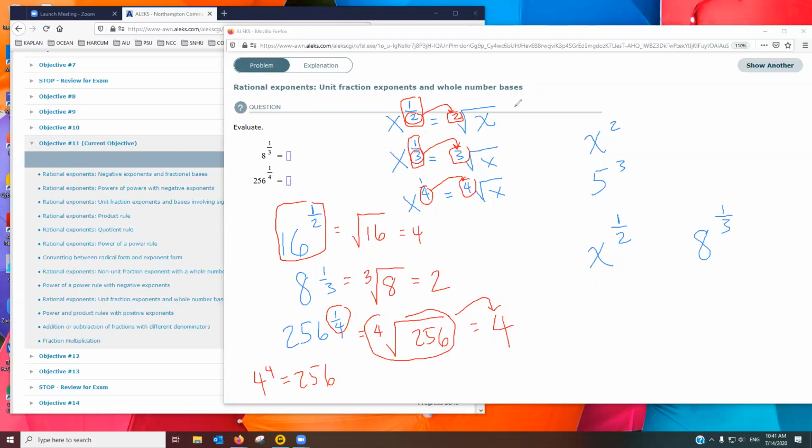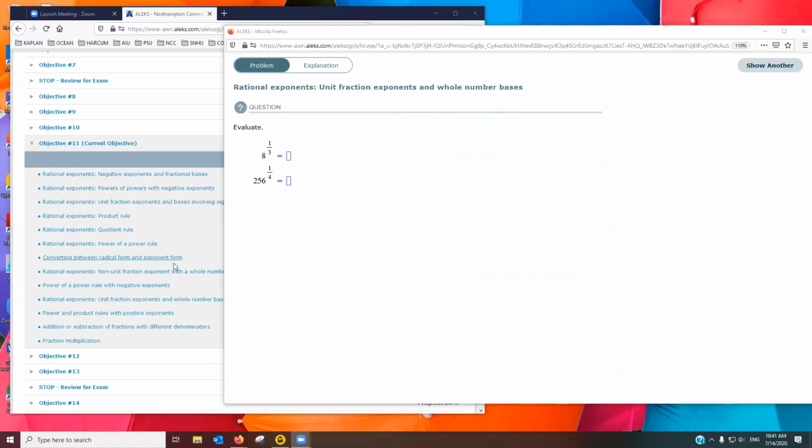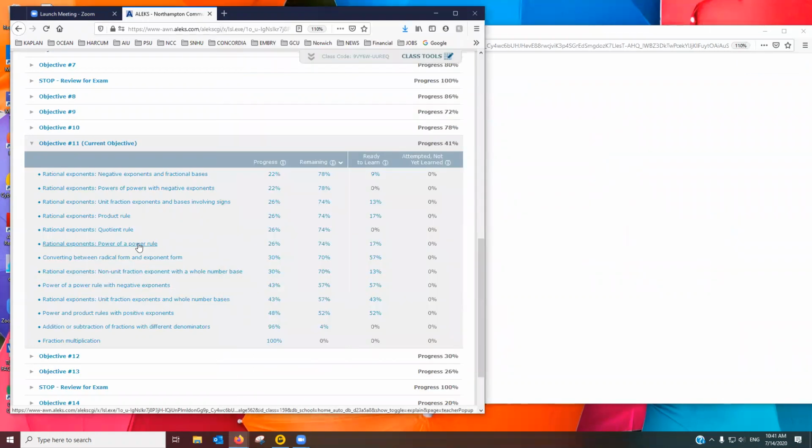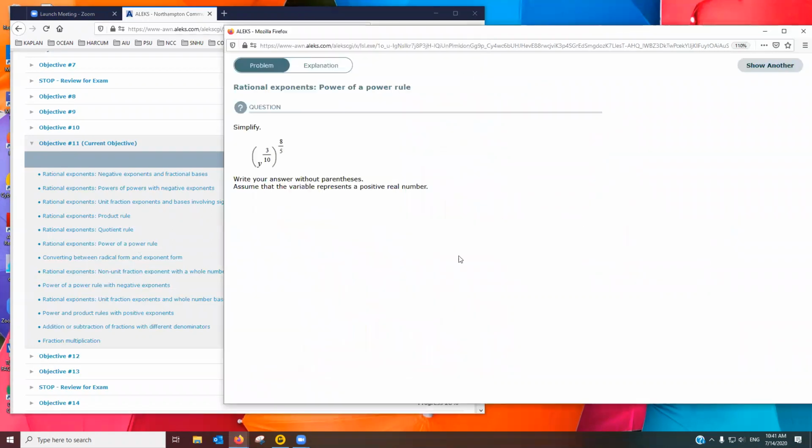All right, let me go and do some examples of working with these rational exponents. Now, here's the good news. You probably remember these rules of exponents that says if you have x to an exponent times x to another exponent, you keep the x but add the exponents together.